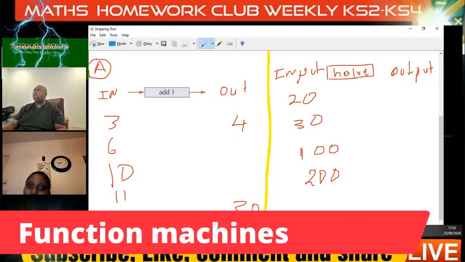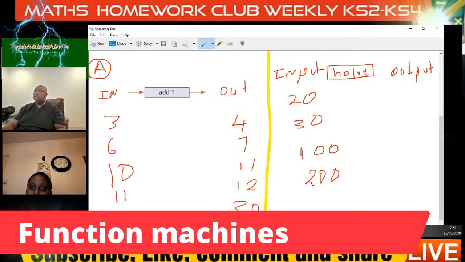Right. The next one, 6. What's the output? 7. 10. What's the output? 11. What's the output? 12.